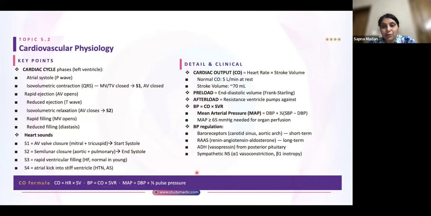The cardiac output formula is heart rate times stroke volume. BP is cardiac output times the systemic vascular resistance. Mean arterial pressure is diastolic blood pressure plus 1/3 of the difference between the systolic and diastolic blood pressure.